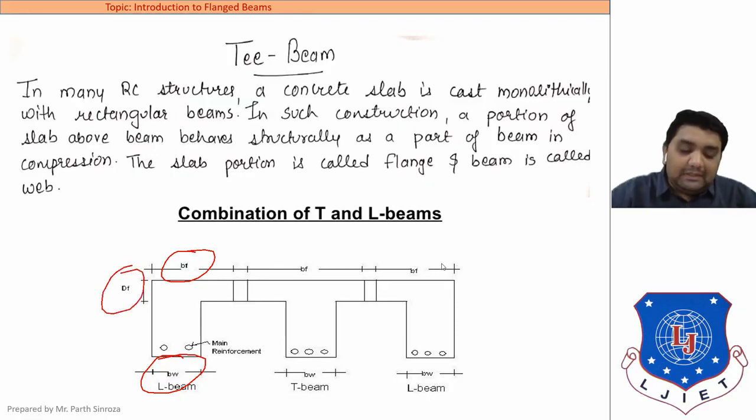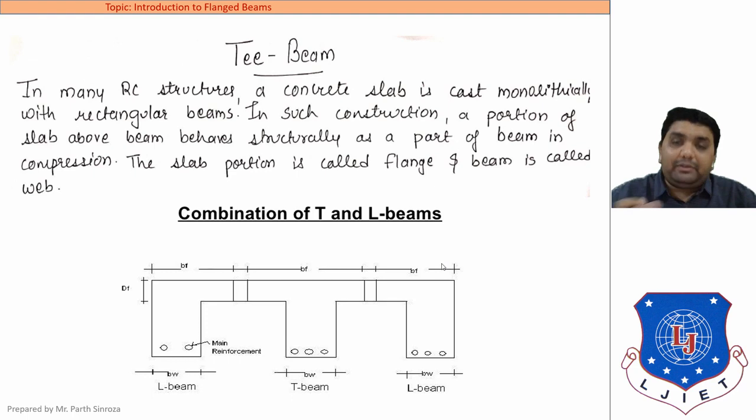DF is a new term for us. DF stands for depth of flange, or you can also say thickness of slab. Both are the same. Again, BF is the width of flange, BW is the width of web, and DF is the depth of flange.